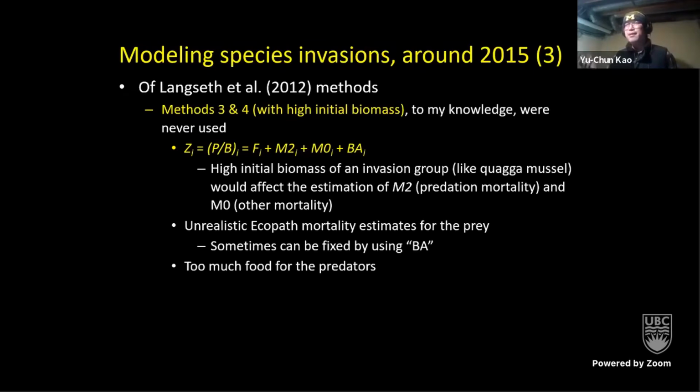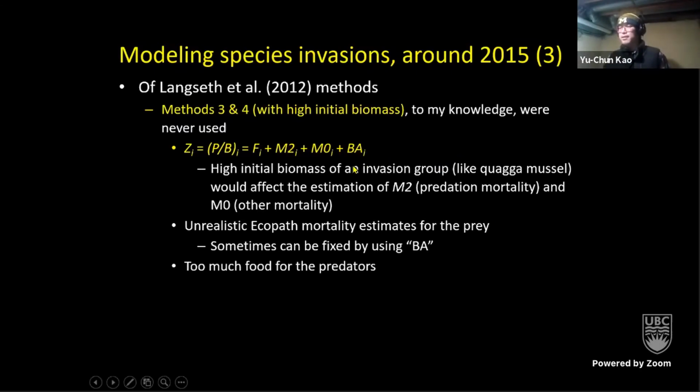It affects a lot of estimations of the mortality rates, so it usually results in mortality rates decomposed in a different way. Sometimes you can fix this problem by entering other production parameters. But for the predators on these invasive species, you probably provided too much food to begin with.